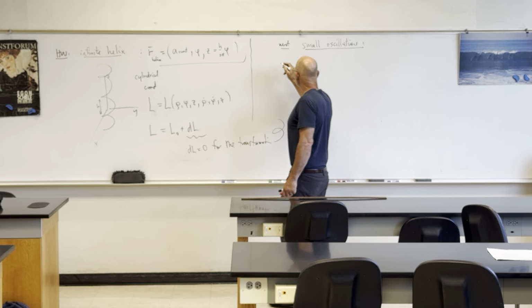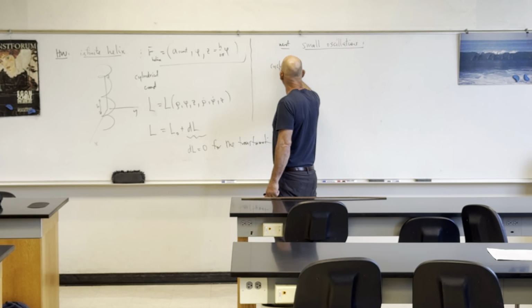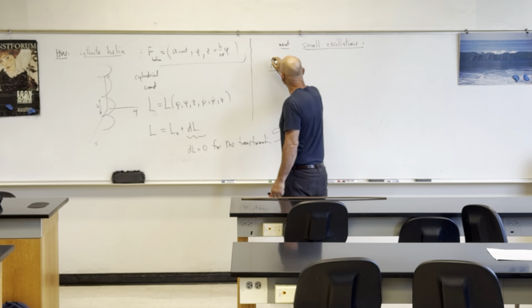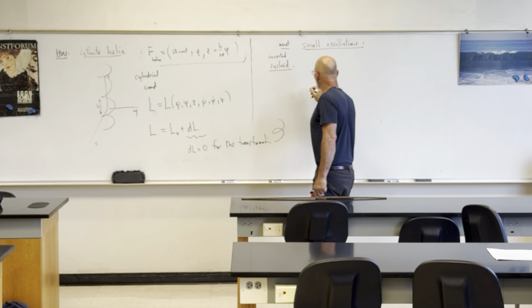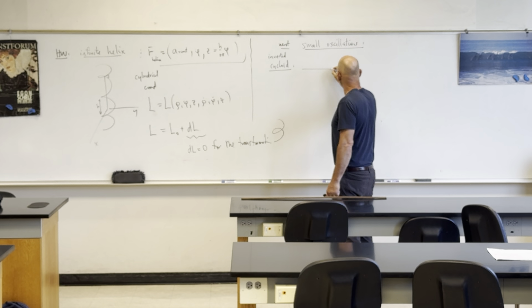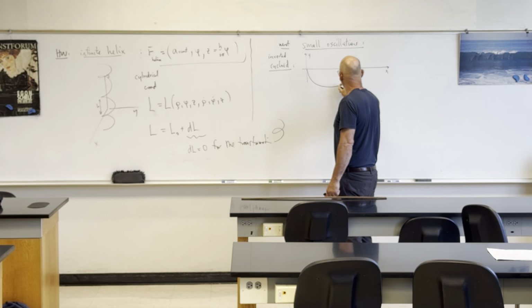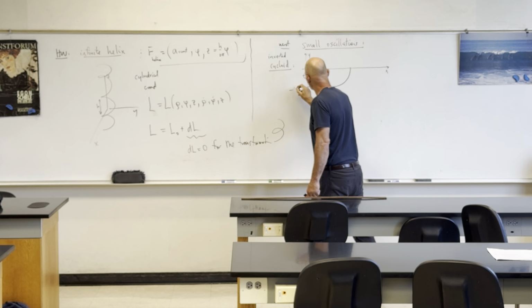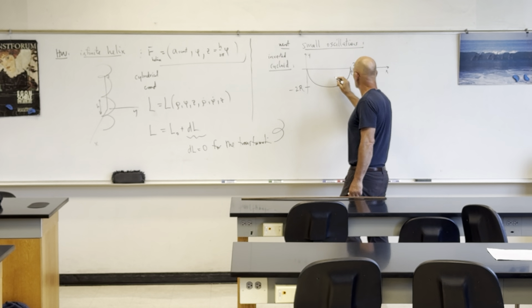So the cycloid, and in fact, this is going to be the inverted cycloid. So the inverted cycloid, we've got an x-axis, a y-axis. If you guys remember how we rolled that thing out, this would be minus 2r, this would be 2 pi r, right?